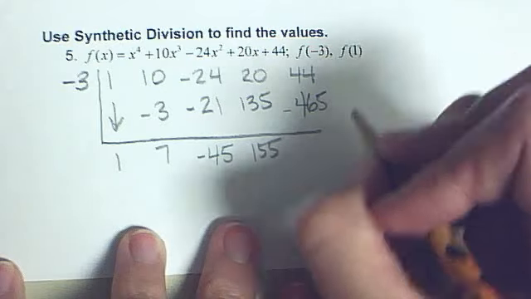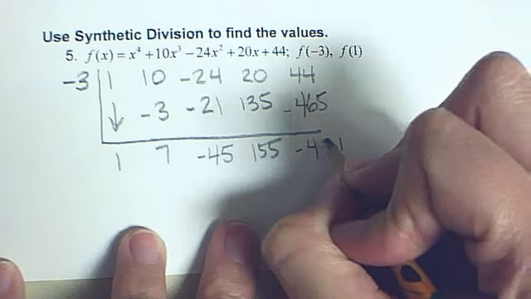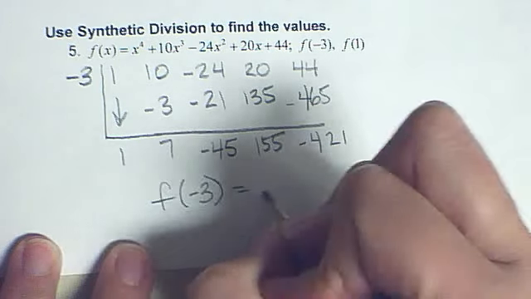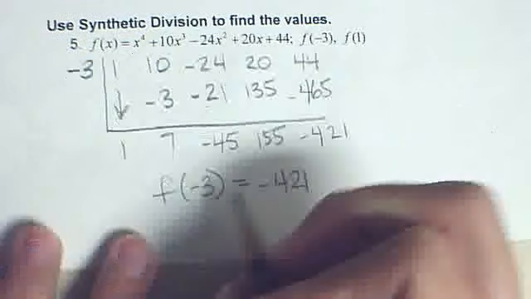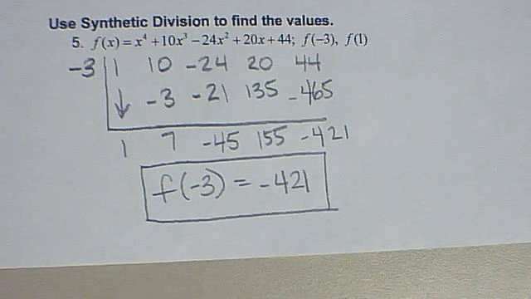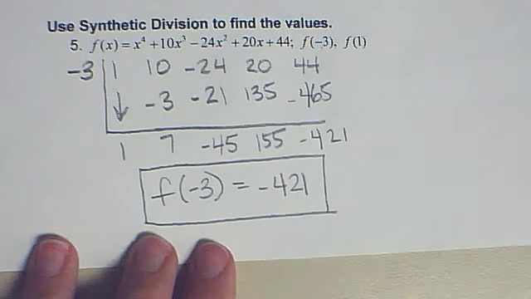And so when I add those two together, I get negative 421. And so the answer to what is f of negative 3 is negative 421. And that's my final answer. I don't write it in the same form as above because I just want the remainder as my value.